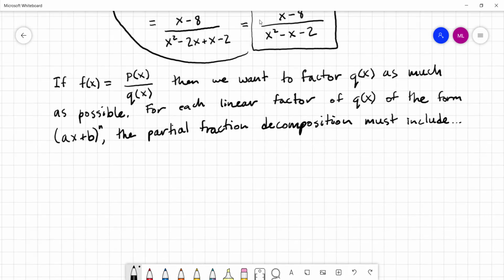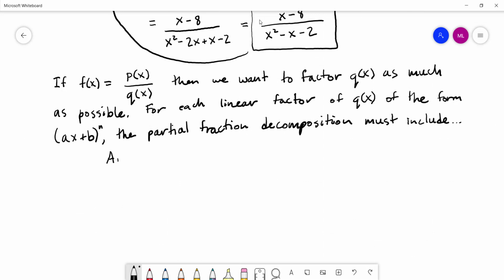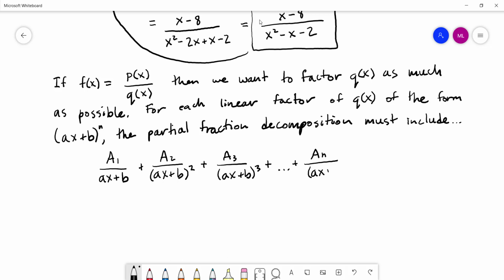So the partial fraction decomposition needs to have some initial constant over ax plus b to the first power, plus a second constant over ax plus b squared, plus another over the cube. I'll write that out. Plus dot dot dot all the way up to an nth term, where n is the multiplicity.